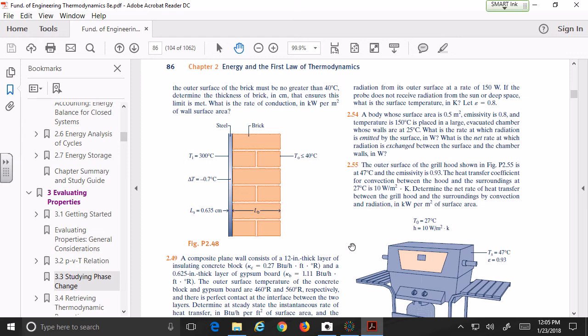So as I read the problem, I try to make some type of sketch.